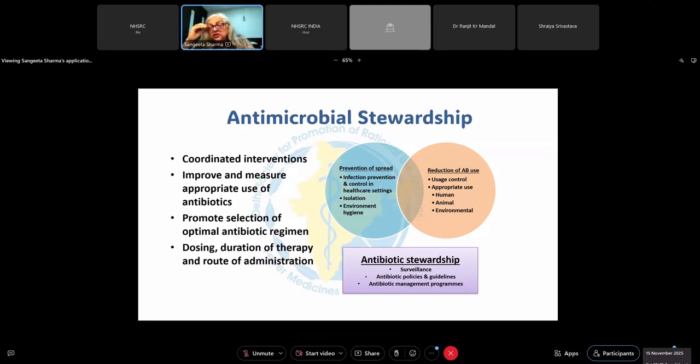One more thing which is adding to this AMR is that these antibiotics are not only used in the human sector; they are used for animals, because they also fall sick. They also get these infections. They need these antibiotics.